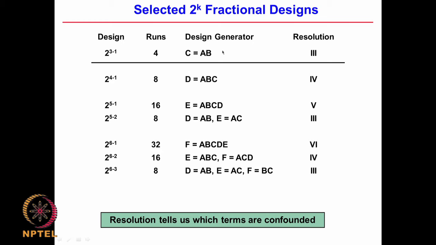So, now you know how to do a design generation, okay, and then you can also calculate how to do a resolution calculation. So, many softwares will automatically do this. So, it is a good idea for you to understand it from fundas, so that you can yourself generate the designs, you can even cross check the softwares. Okay.